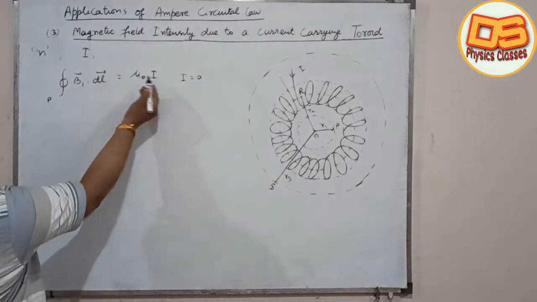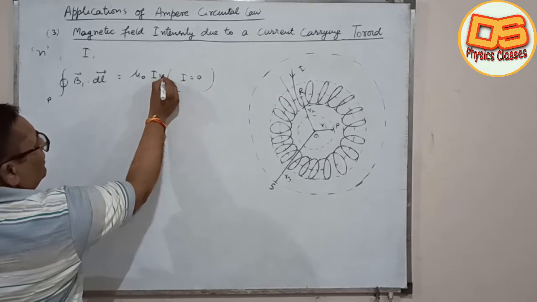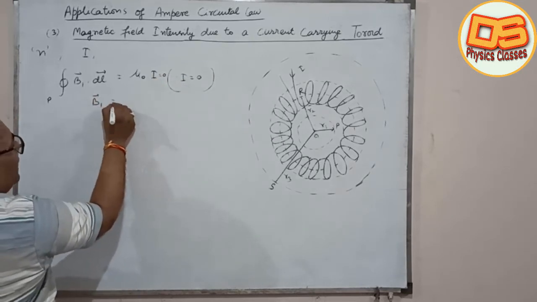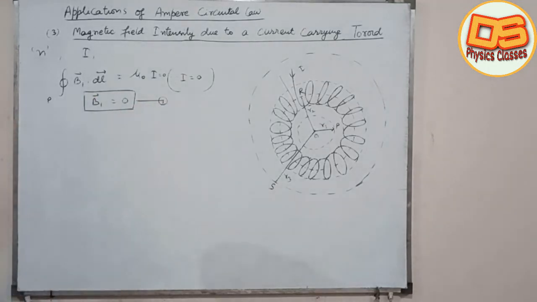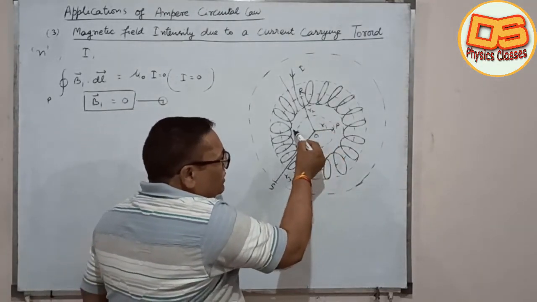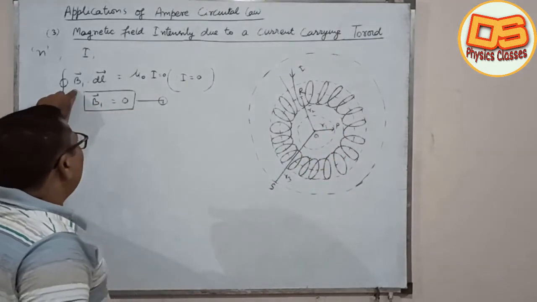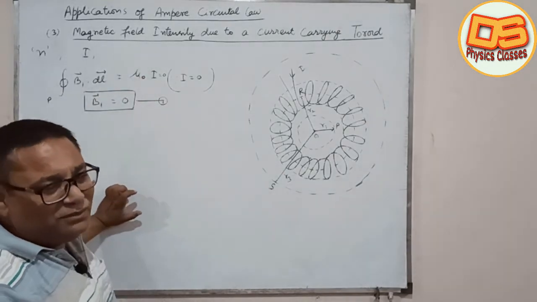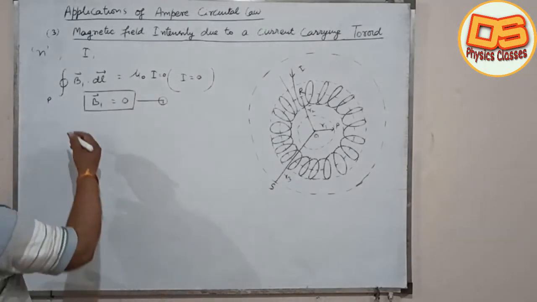Therefore, this term will be equal to 0. It means B1 is equal to 0. This is first. Clear? The reason is quite clear: there is no current inside the loop. Then the magnetic field intensity is 0 because the RHS of Ampere's circuital law is 0. Clear?